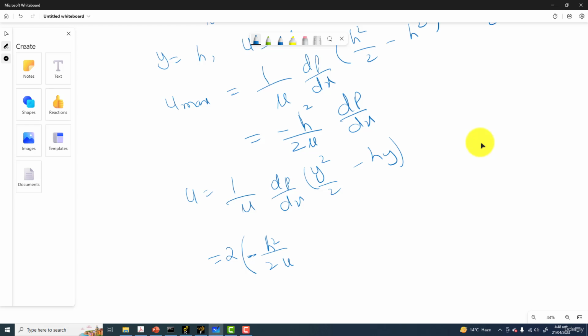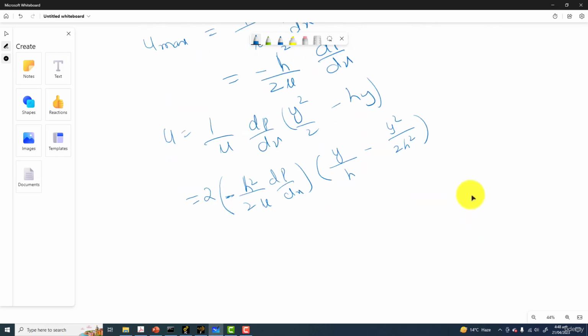So if I take minus sign common, and here dp by dx will be the same. So if I take the h square and minus sign common, this will be equal to y upon h, and this will be equal to y square upon 2 h square.